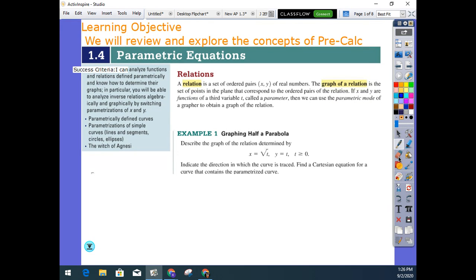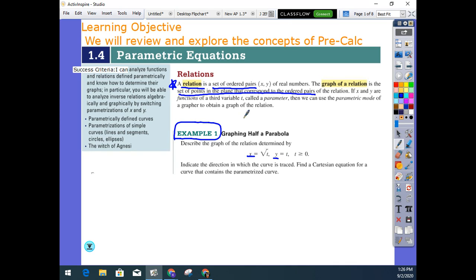Okay, so typically we usually use y as a function of x and only use x and y as our variables. So first of all, it starts out saying a relation is just any set of ordered pairs. The graph is just the set of points that correspond to the ordered pairs. All right, so notice in this first example, not only do we use x and y, we also use the variable t.